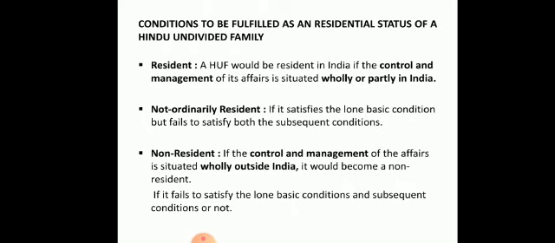Non resident in India. A Hindu undivided family is said to be non resident in India in any previous year if it fails to satisfy the lone basic condition. It is immaterial whether it has satisfied the subsequent conditions or not.